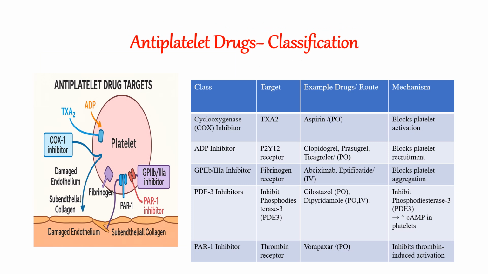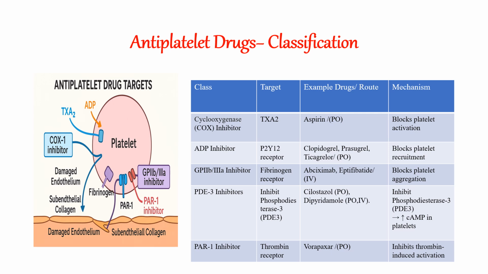Antiplatelet drugs are classified based on their molecular targets. Aspirin inhibits cyclooxygenase 1, COX-1, thereby reducing thromboxane A2 production, a key mediator of platelet activation. ADP receptor blockers, such as clopidogrel, inhibit the P2Y12 receptor, preventing ADP-mediated platelet activation. Glycoprotein 2B3A inhibitors block the final common pathway of platelet aggregation by preventing fibrinogen binding.